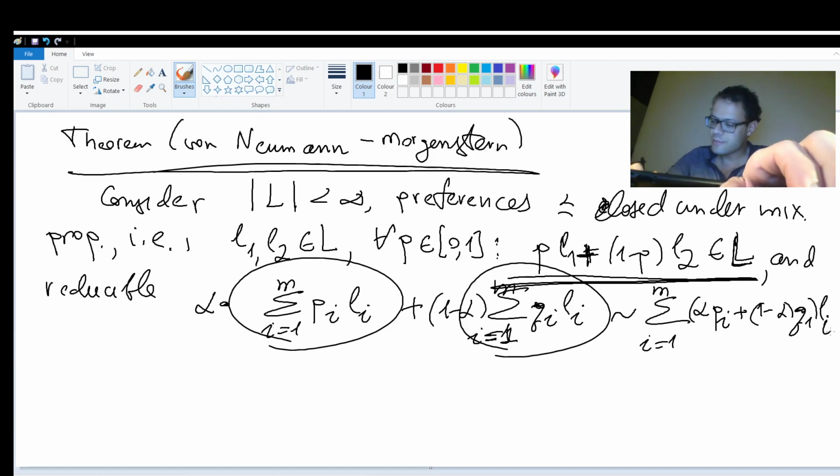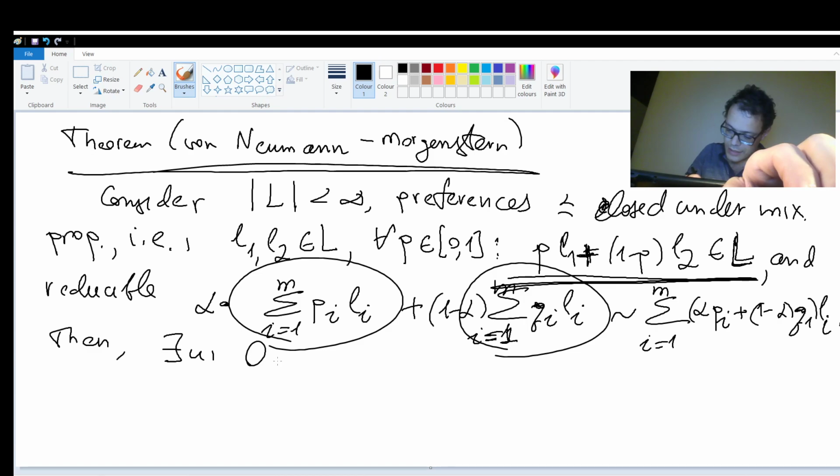And then the theorem says as follows. There exists a utility function that we want. It gives to each outcome a real number, which tells how good it is for us.